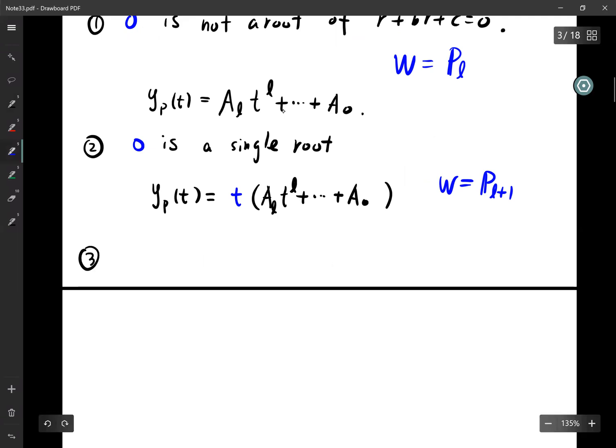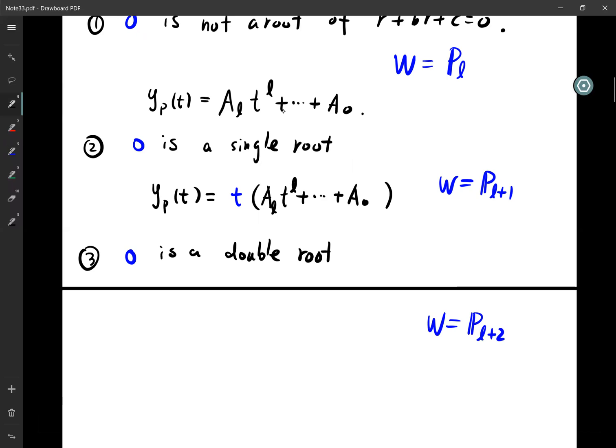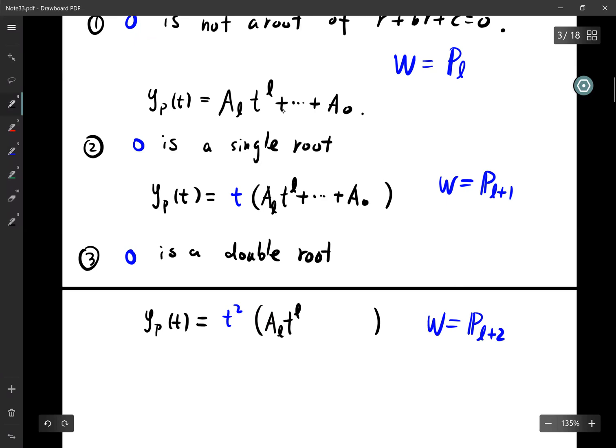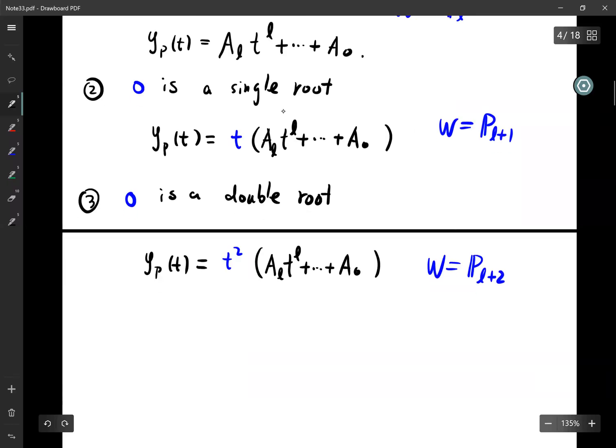Very similarly, if 0 is a double root, now both t and t squared will belong to the solution set of the homogeneous equation. So even though W is raised to P_{L+2}, I can nonetheless multiply the answer by t squared, and the number of unknowns remains unchanged, which is L plus 1.